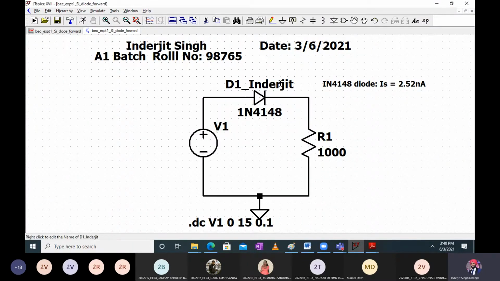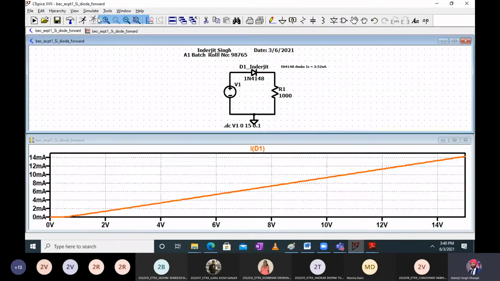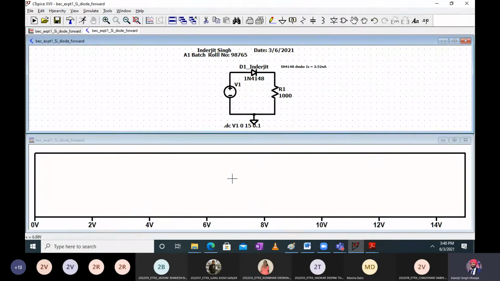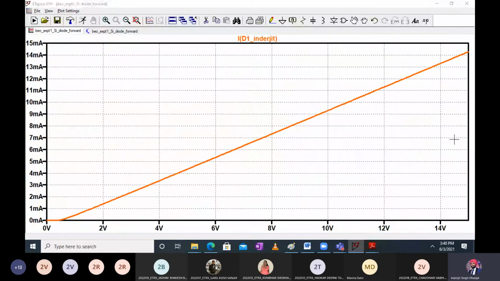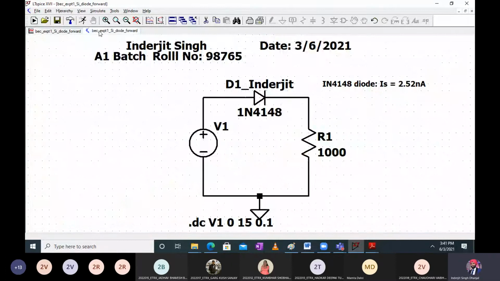So what the advantage will be when you plot the graph now, right click, add trace and ID, automatically your name will come. So you don't have to write any markings or something. Everyone understood what to do? So please do this much. I will give you 30 seconds.